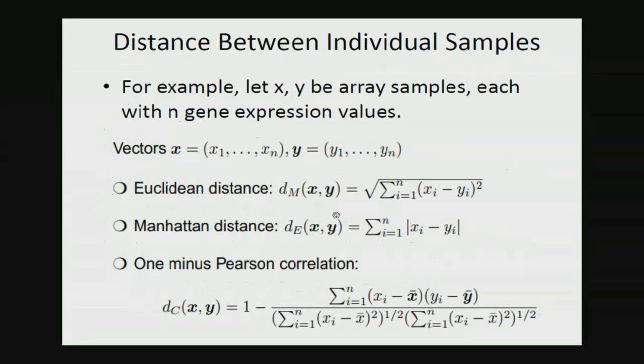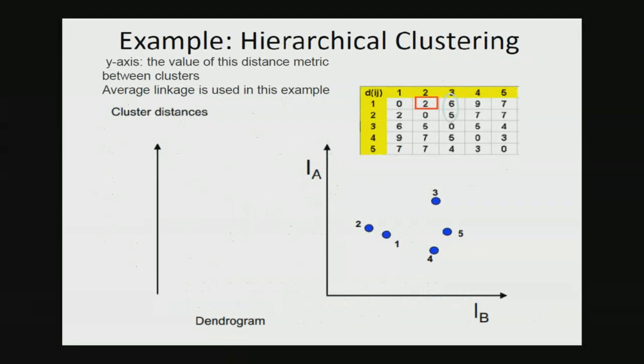Here is a simple demonstration of how hierarchical clustering is performed. We will produce a tree, and the y-axis, the height of the tree, is the value of the distance between the clusters. In this example, we will use the average linkage rule.